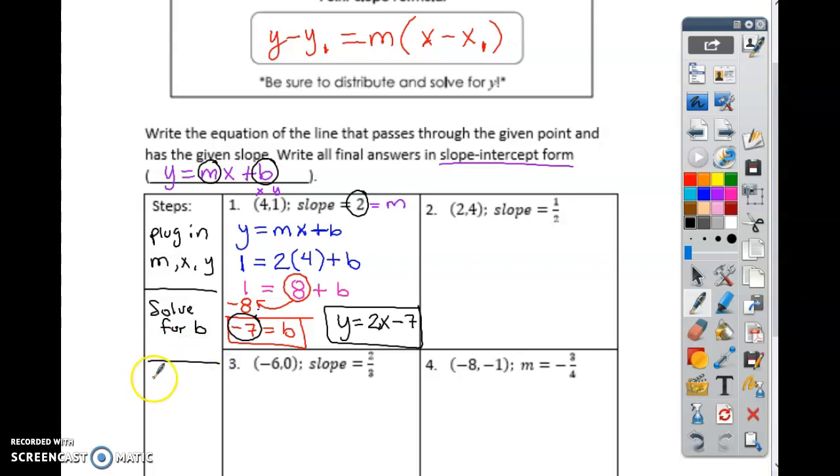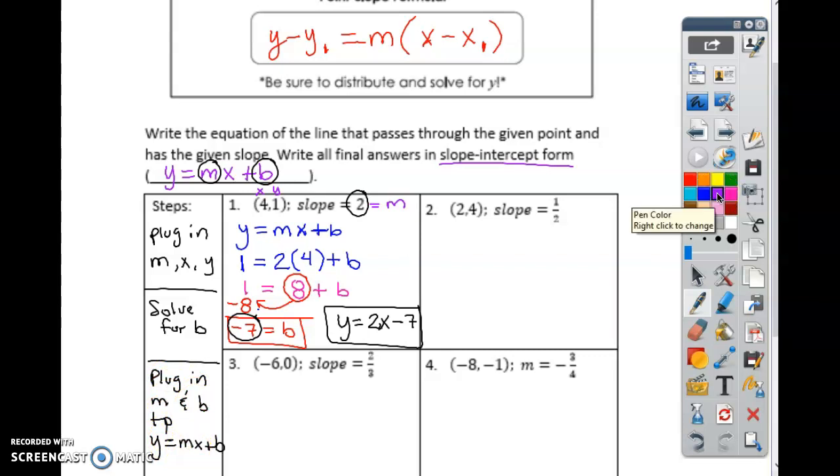And then plug in m and b to the equation y equals mx plus b. Okay, esos son los pasos. 1, plug in m, x, and y to this equation, solve for b, and then plug in your m and your b to the equation at the very end. So let's do another one.